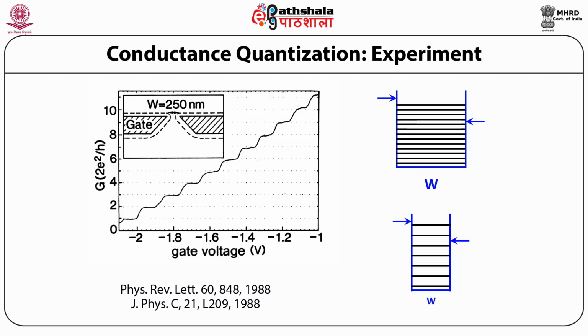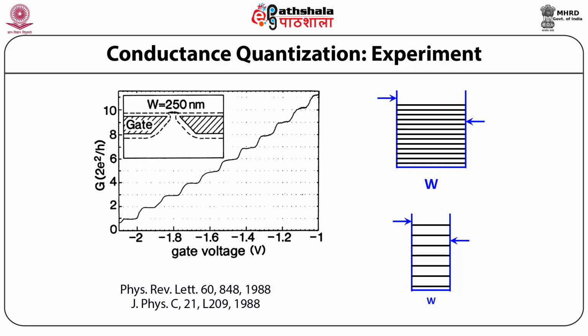In a quantum conductor, the resistance of a wire connecting the two electrodes can be given by the Landauer formula, which is R is equal to h by 2e square M T, where T is the transmission probability through a scatterer in a conductor.